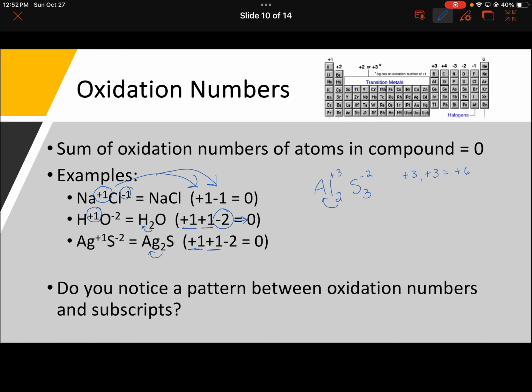That gives me a total of 6 positives. Sulfur is a minus 2, minus 2, minus 2, because there's 3 sulfurs. That equals 6 negatives. Positive 6, negative 6 still comes out to be a 0. So when we add up those oxidation numbers, doesn't matter what the compound is, the total charge should add up to be a 0.